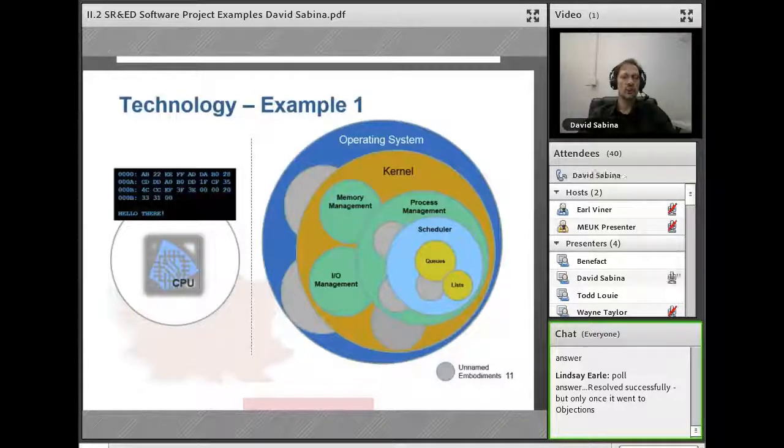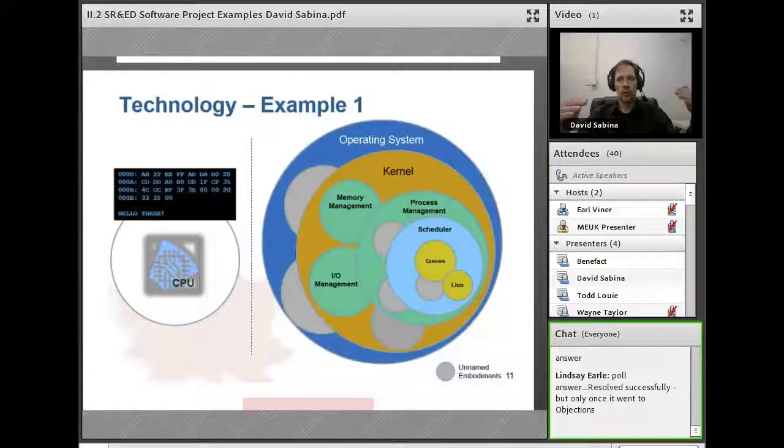So within the kernel itself could have process management layers. Within the process management layers, there could be schedules, which then involve different structures or concepts like queues and lists. All of these things create what this paper calls embodiments. So these embodiments or concepts can have system uncertainty on how to design them to integrate with each other.